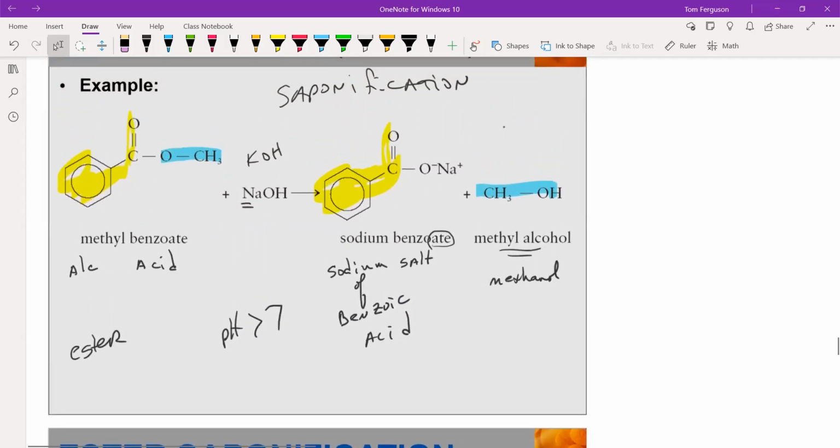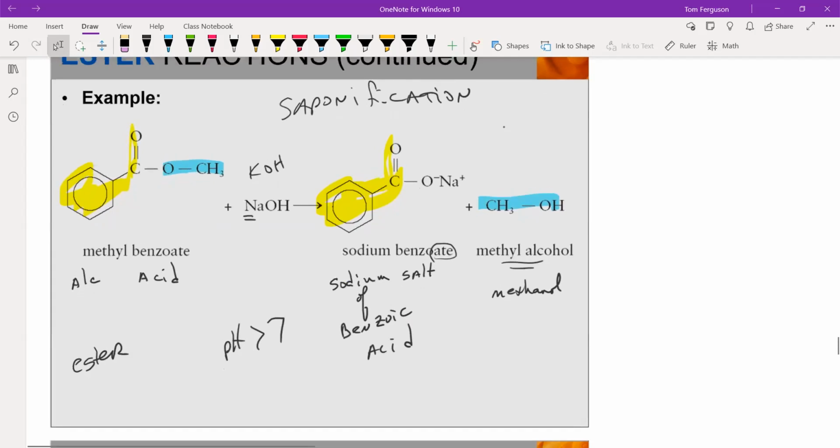This example? What example were you talking about getting rid of the methyl?